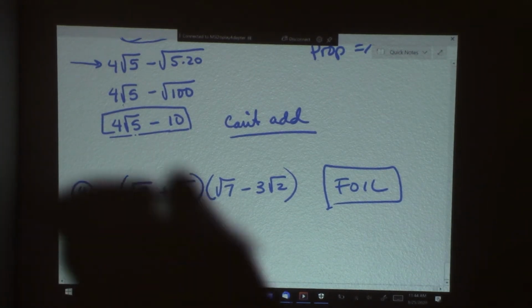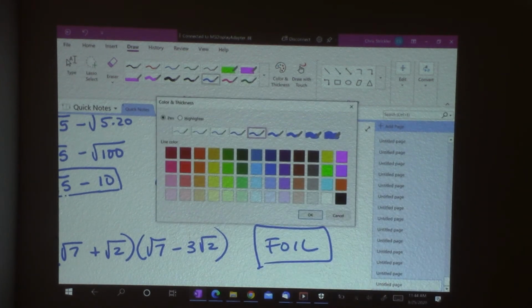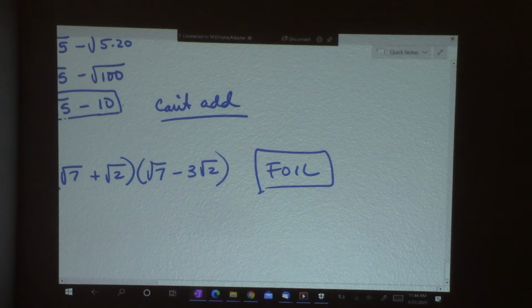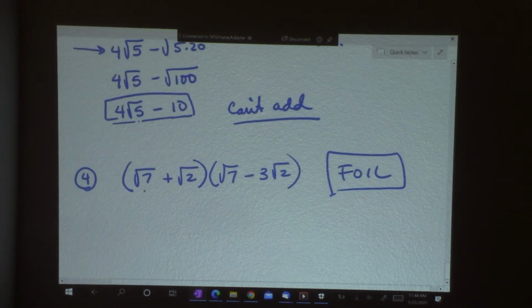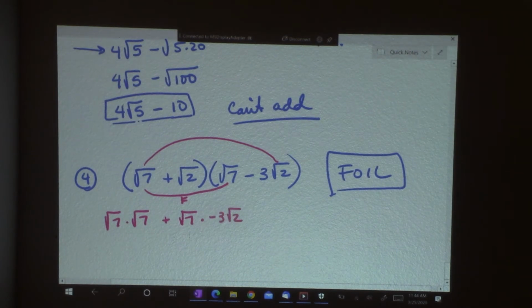I'm going to change colors for this. How about pink? All right, so I've got the square root of 7 times the square root of 7. That's my first term. That's first. Then I'm going to do the outside two. So I've got the square root of 7, so I'm going to add the square root of 7 times negative 3 square roots of 2.